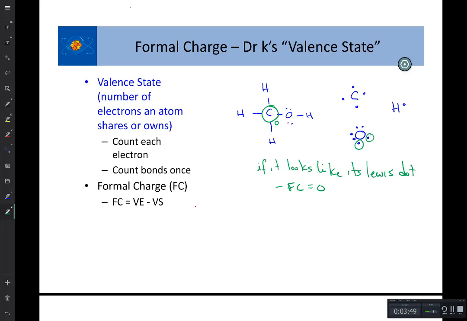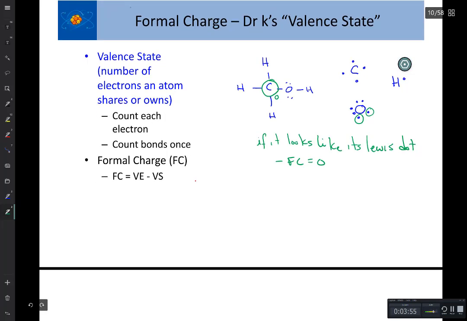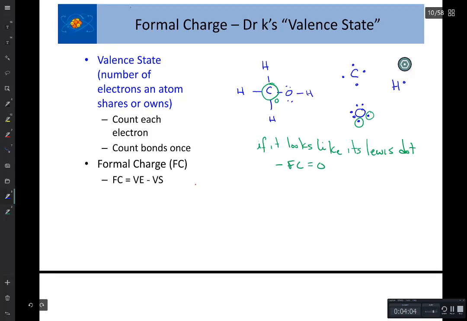For nitrogen, what would it be? All right, think about nitrogen: 5 valence electrons. So nitrogen looks like this. So that's what the 5 looks like, right? So how many bonds will it have? 3, and what else will it have?